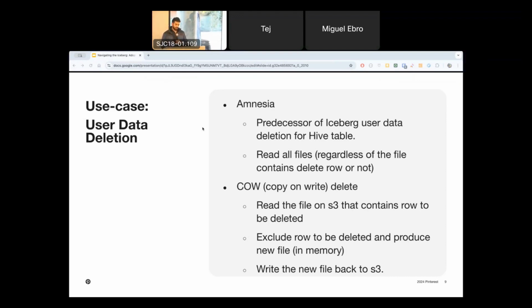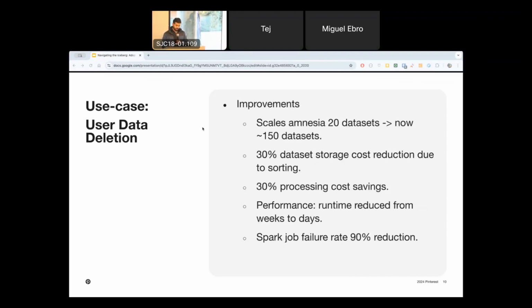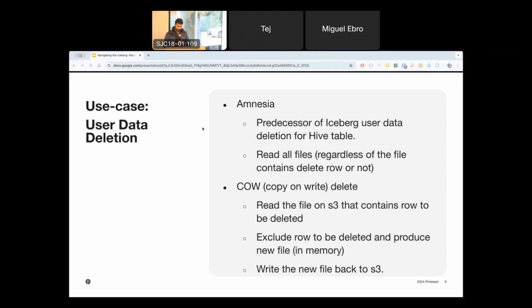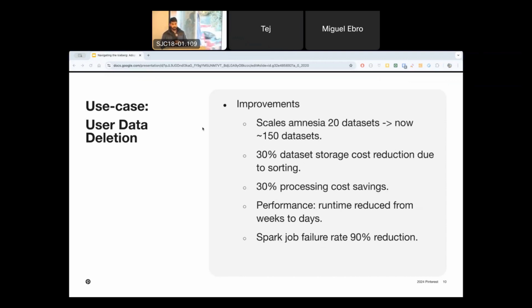So for that, we introduced a lot of improvements and optimizations with which we were able to scale from 20 data sets that we were able to do user data deletion on to 150 data sets today, while reducing 30% of the storage footprint and 30% processing cost. And it used to take a few weeks to do the data deletion, but now we are able to do it in a few days. Also, we reduced our job failure rate by 90%.